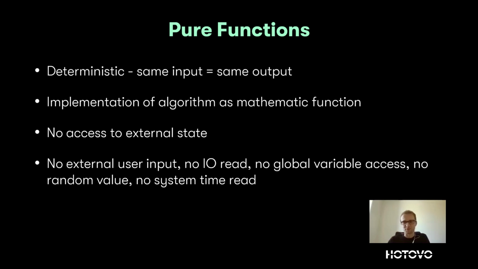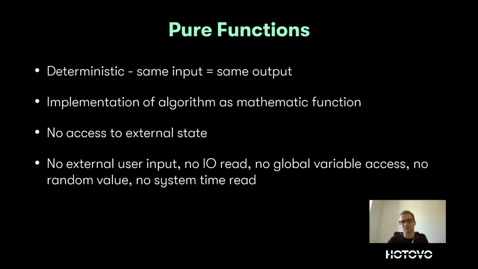A pure function is deterministic in the sense that for the same input it always provides the same output. It's kind of like in the mathematical world where you provide an argument, which is an input to a function, and it returns a return value, which is an output.